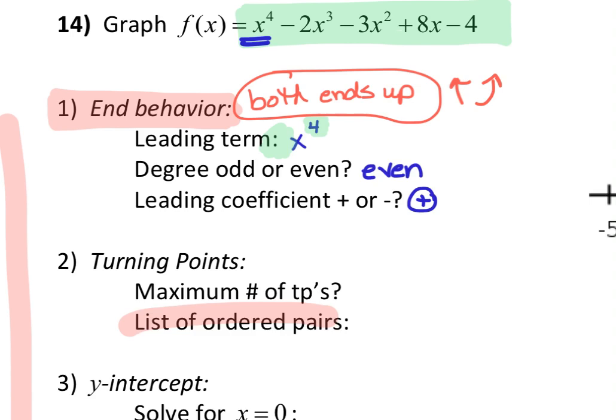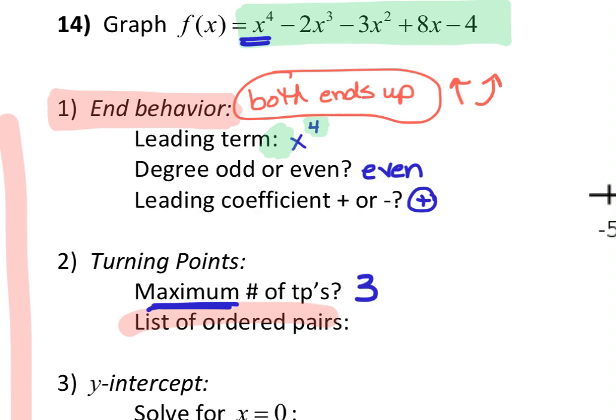Now, a 4th degree equation can have at most 3 turning points. It's always 1 less than the degree. And now is the first time that you would have to click over to Desmos and look at the graph. And I do see 3 turning points.